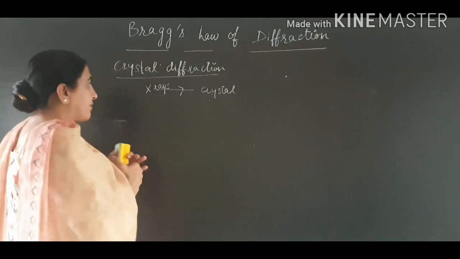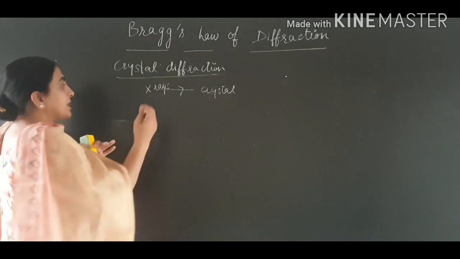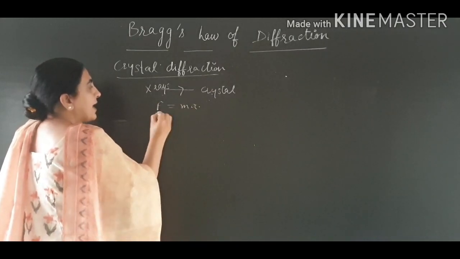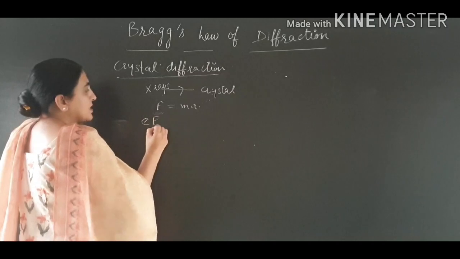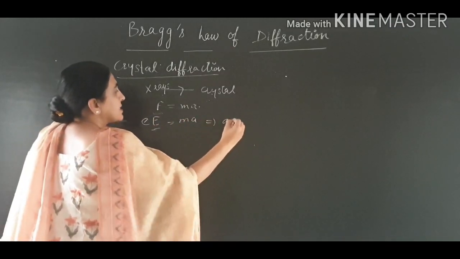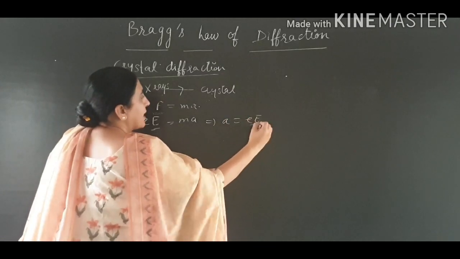For an oscillating electric field, we know that force equals mass into acceleration, so E into charge equals m into a. This implies the acceleration is equal to E by m.